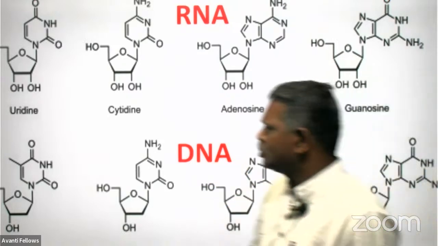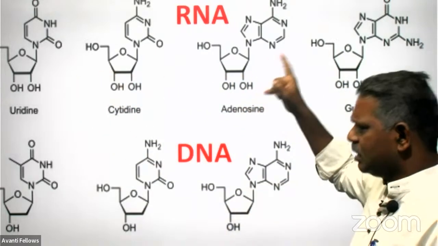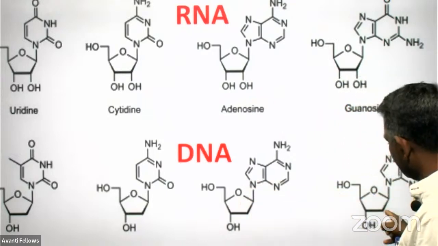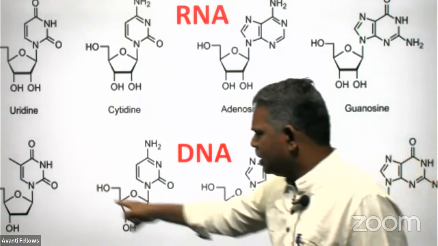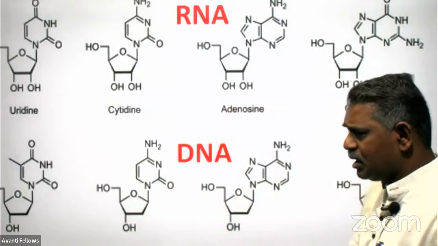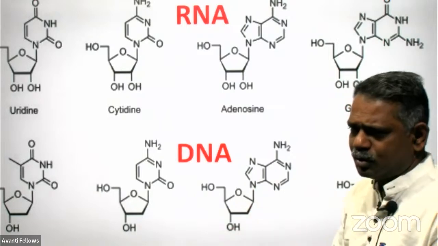And the pentose sugar, remember, the pentose sugar present in the RNA is the normal ribose sugar only, whereas in case of DNA, see the second position, instead of OH, H is there, that is called the deoxyribose pentose sugar.